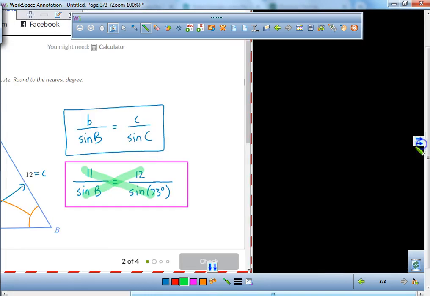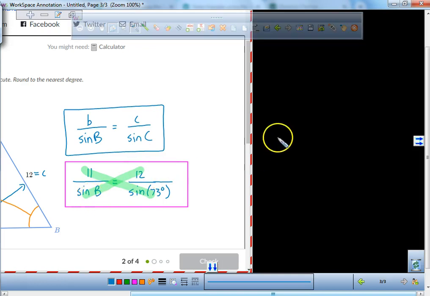All right, so what's one of my cross products? What do you guys say? 12 times the what? Sine of b. So I'm going to write 12 times the sine of b equals 11 times the sine of 73 degrees.